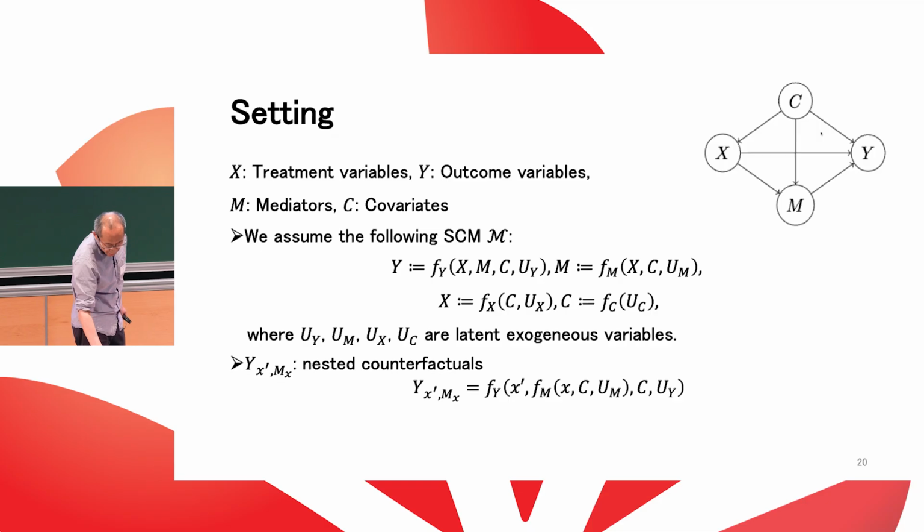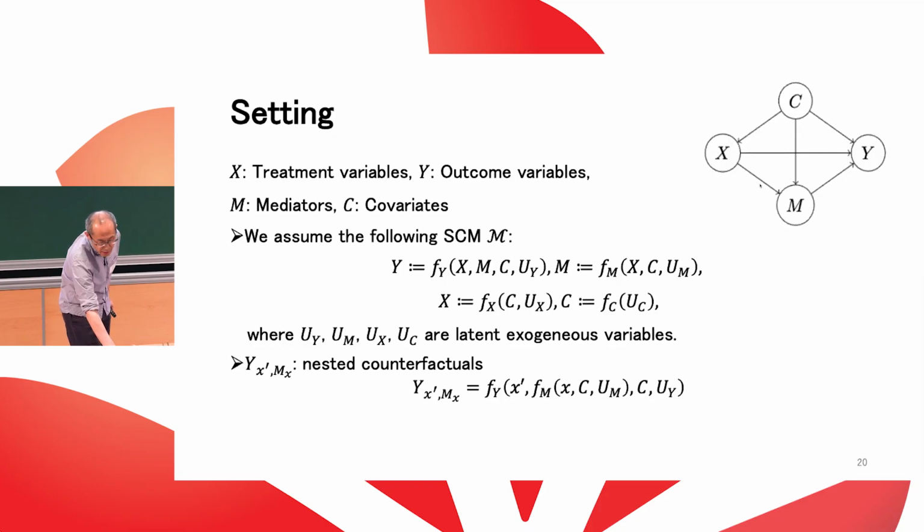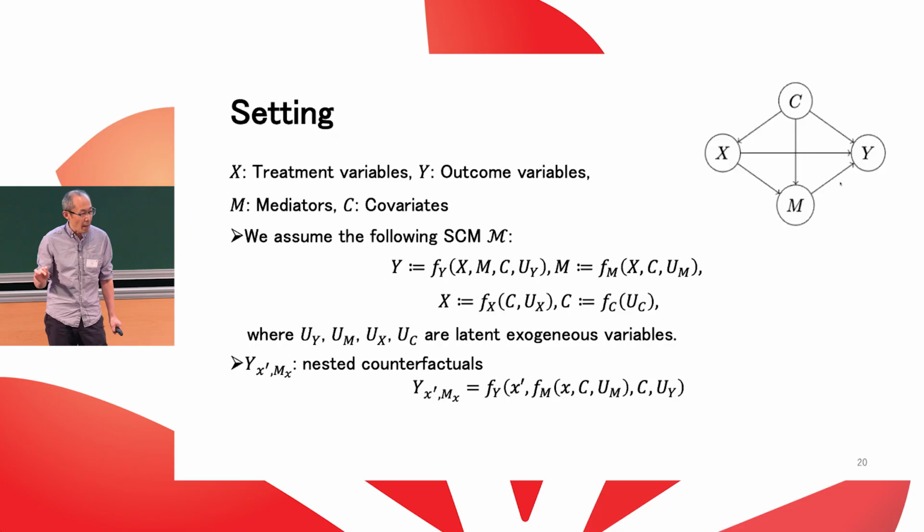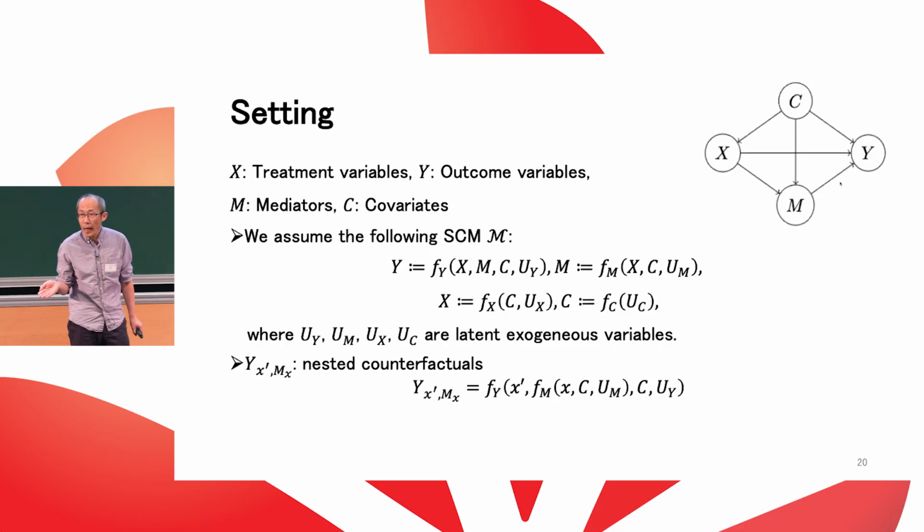Now in causal mediation analysis, people are interested in what's the effect of X on Y directly through this path without going through the mediator M. Or in some scenarios, people ask what's the effect of X on Y that just goes through the mediator M without the direct path.